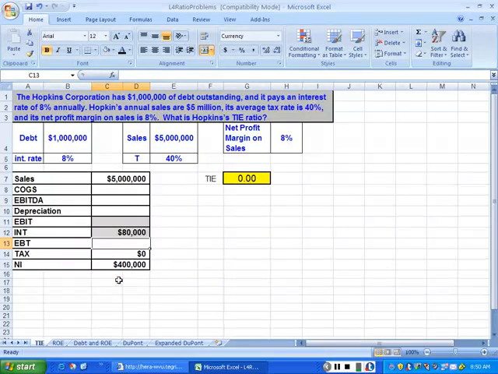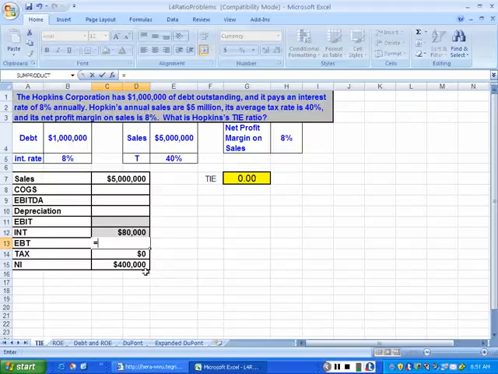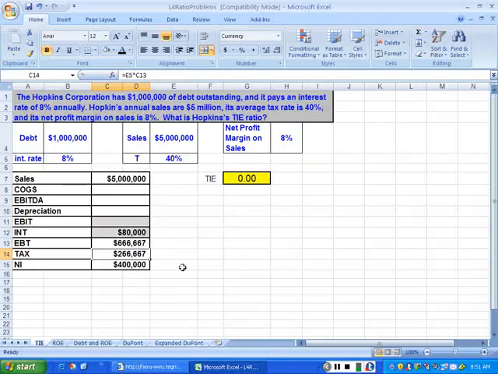So if we took the $400,000 figure and divided that by 1 minus this tax rate, it tells us that with a $666,667 earnings before tax, 40% of that taken out of here is the amount $266,667, and that would leave us with the $400,000 that we had found to begin with.